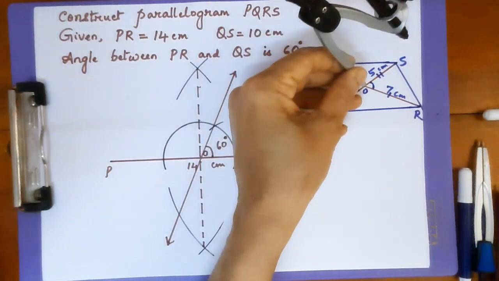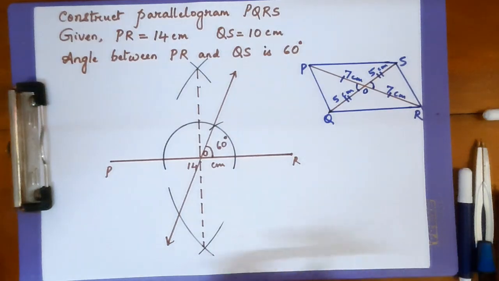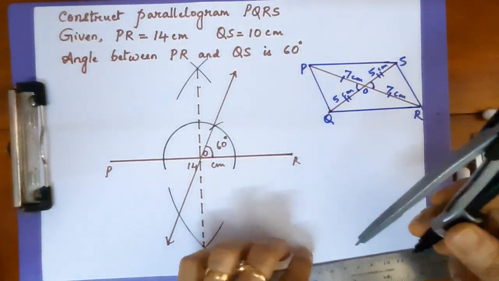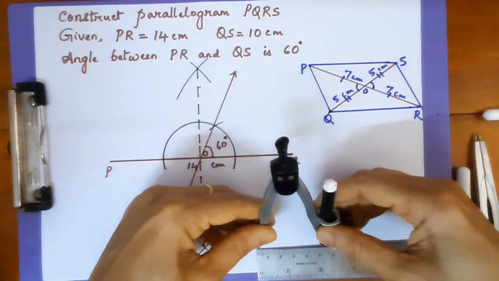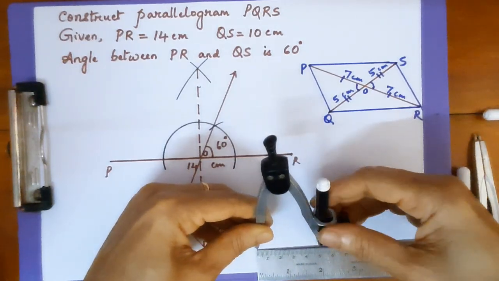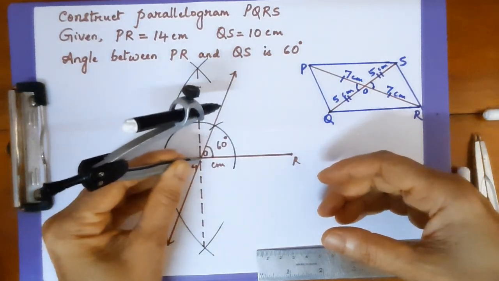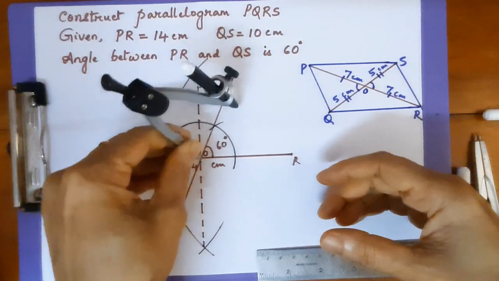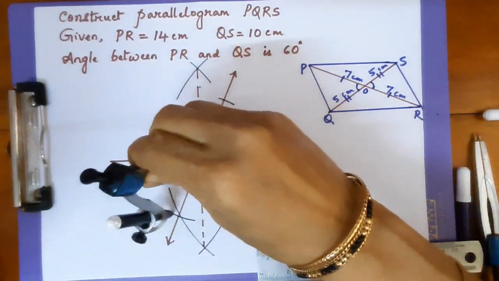So we have to measure OS 5 centimeter using the compass and the ruler, and adjust the compass to the radius 5 and cut from O. So one cut on one end, another cut on the other end.